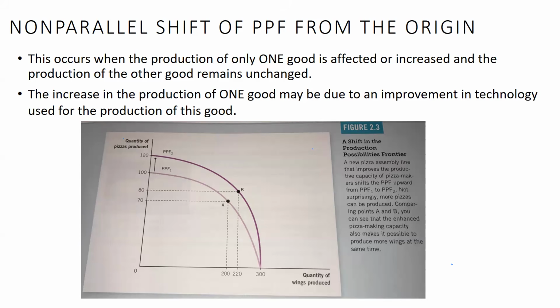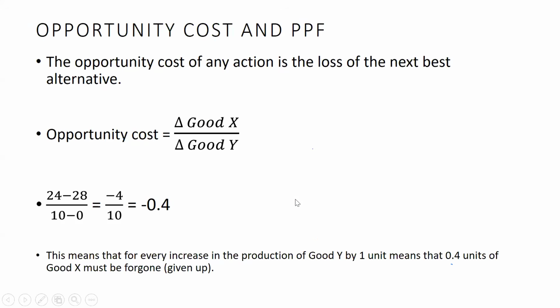That would cause part of your curve to shift. So instead of the whole curve shifting outwards, only the part that relates to pizza would shift outwards. Or let's say something had happened and the technology to make wings has a decline. Only the part for wings would shift inwards. I haven't seen it ever come for CSEC, but it's something good to know, right?